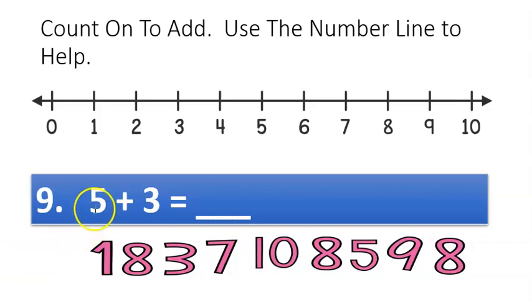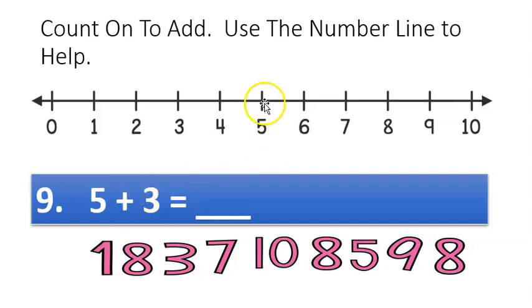Ready? It reads, boys and girls, repeat after Mr. Begay. 5 plus 3 equals blank. Let's read it again. 5 plus 3 equals blank. Now, what number are we going to start at up here on the number line? 5. So you got to find 5 up here, which is right here. I found 5. Now we're going to add on plus 3 because it says plus 3.